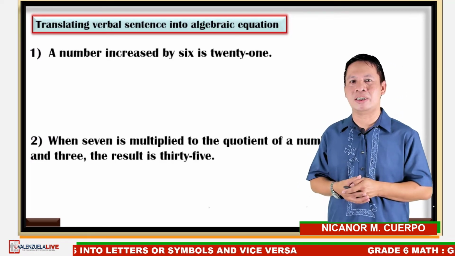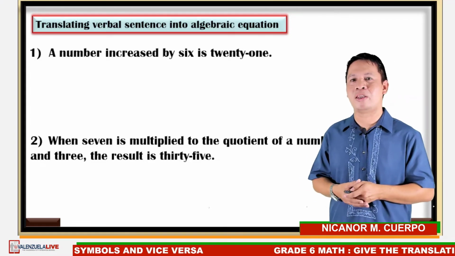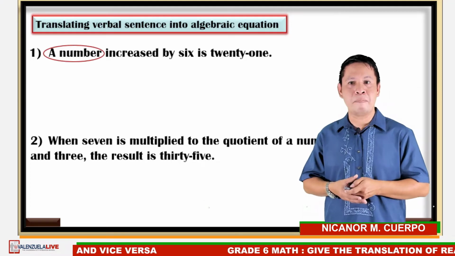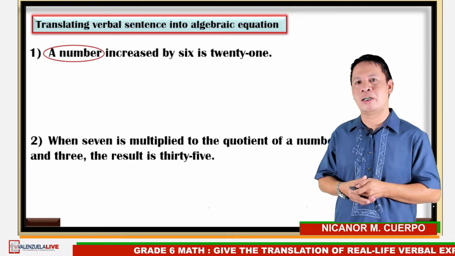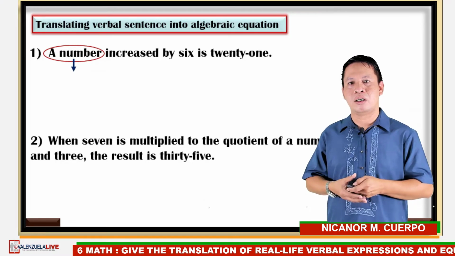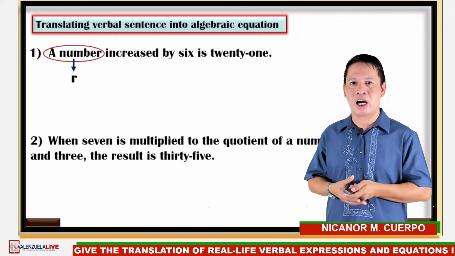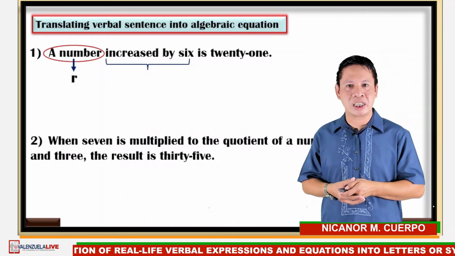Example number 1. A number increased by 6 is 21. Now, a number, again, a number is a variable. We can represent a number using letters A, B, or R. Okay? So, this time we're going to use R. Then, increased by 6.